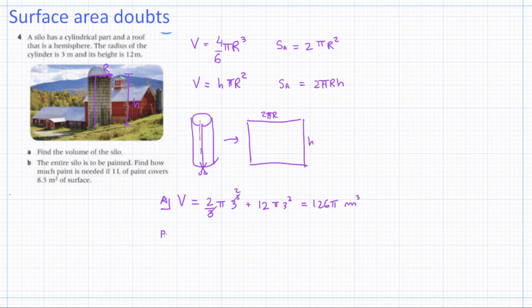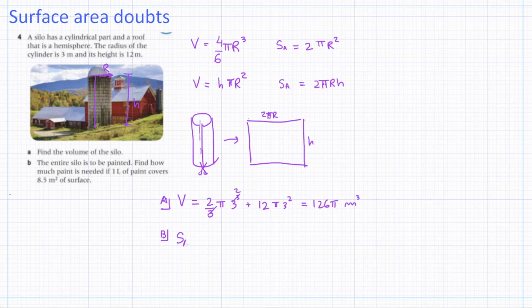Now letter B. The entire silo is to be painted. Find how much paint is needed if 1 liter of paint covers 8.5 square meters of surface. Well, first we have to find our total surface area. So we'll have to add those two surface areas that we have found for the hemisphere and for the outside part of the cylinder, which is just this rectangle.